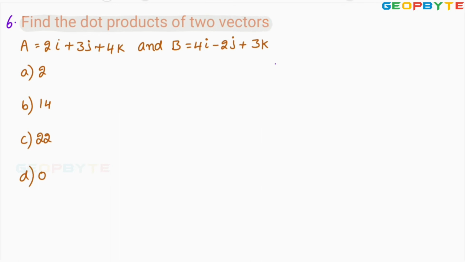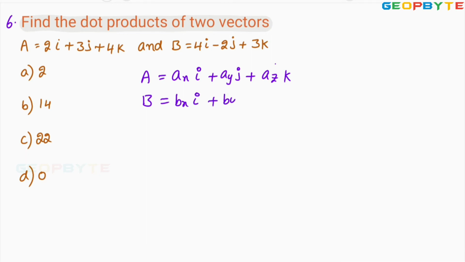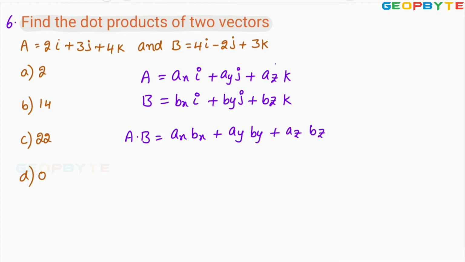Find the dot product of two vectors. For example, if the vector A is in the form of AXi plus AYj plus AZk, and vector B equal to BXi plus BYj plus BZk, then the dot product AB equal to AX into BX plus AY into BY plus AZ into BZ.